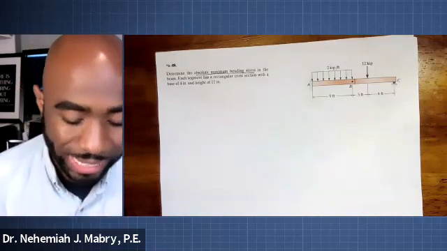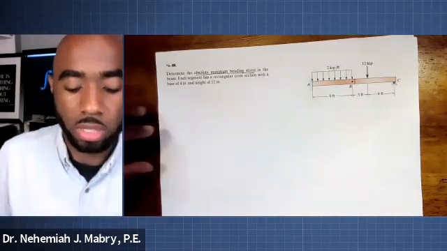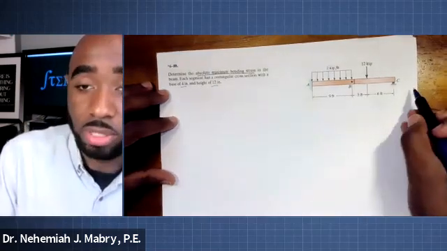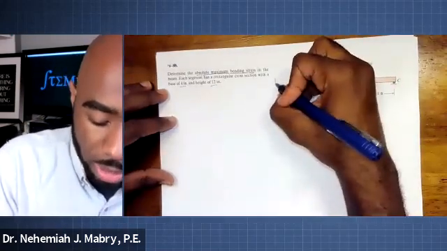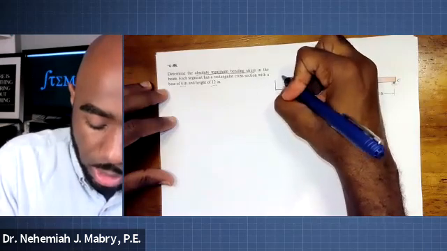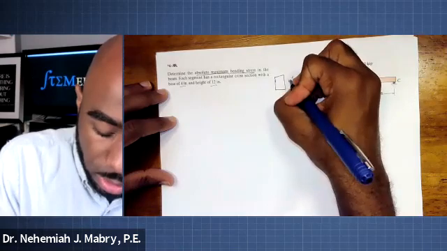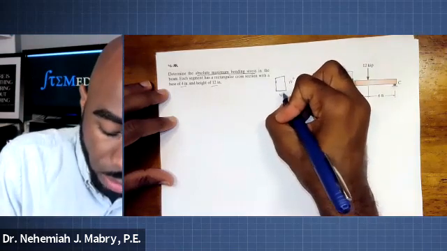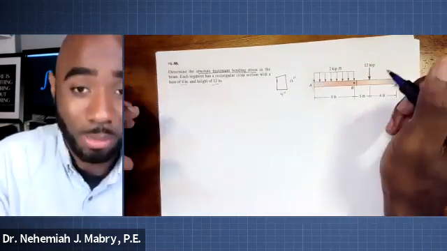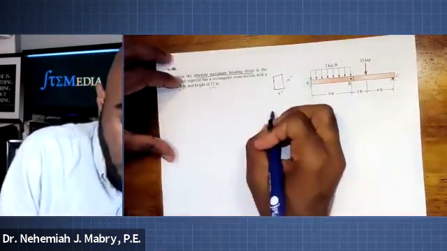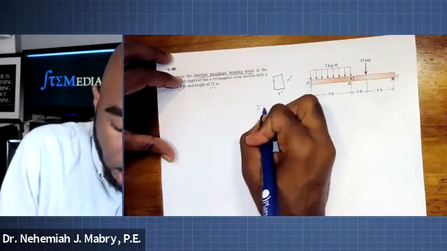But check this out. It says each segment has a rectangular cross section with a base of 4 and a height of 12. Well, instead of showing it to us in the diagram, it basically says that the cross section looks like this. Rectangular, height of 12 inches, and a base of 4 inches. What does that tell us about the moment of inertia? Well, the moment of inertia is found by doing base times height cubed over 12.